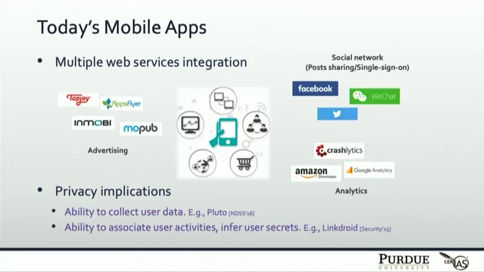Further, they are also capable of associating users' different activities together and inferring users' other secrets, because most of the SDKs are very popular and they are big players in the market. They can be distributed in multiple apps on the same device, so they can use the unique user ID to associate different user attributes.